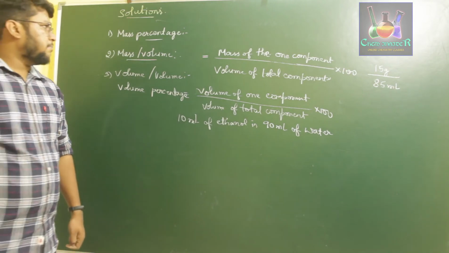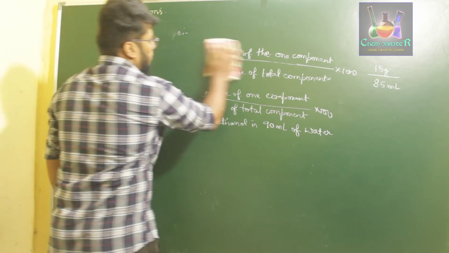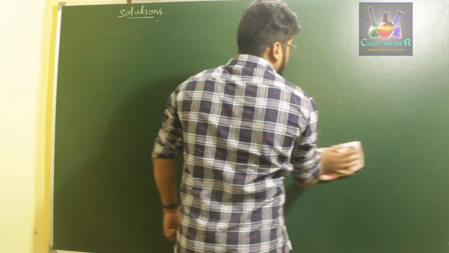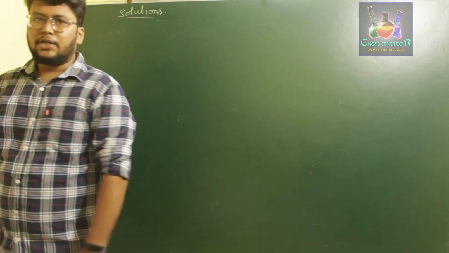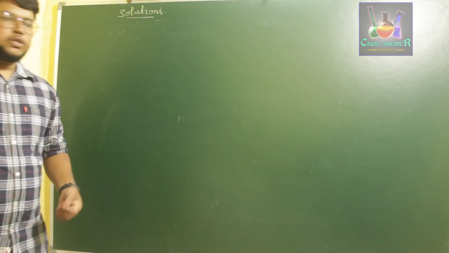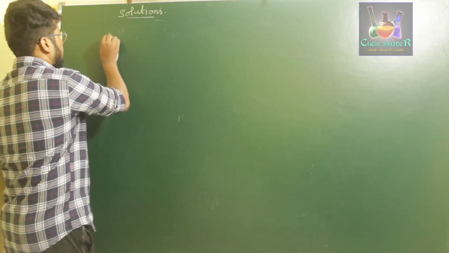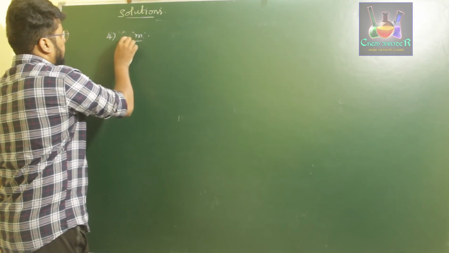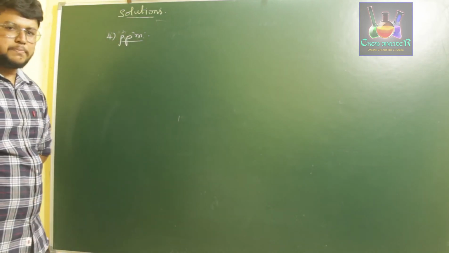Next is a very important topic in which concentration is expressed, that is parts per million, also denoted as ppm. This is very useful if you have very minute traces of solute present in a given component. So what is parts per million?